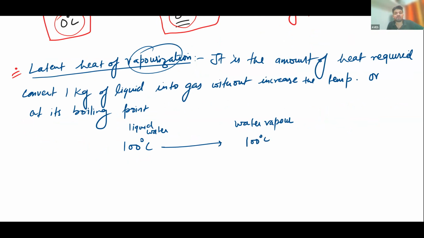But you will notice that since the liquid water is converting into water vapor, the temperature does not rise. It remains constant. In that experiment I was showing you, the polythene could have melted, but the melting temperature of polythene is greater than 100 degrees, and since water is present, it does not allow the temperature to rise above 100.